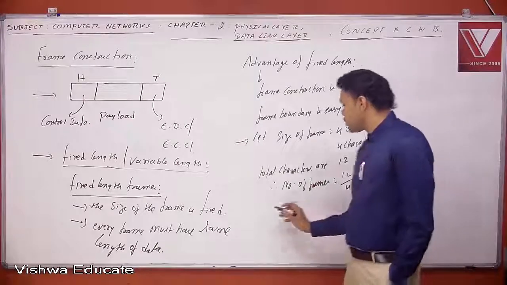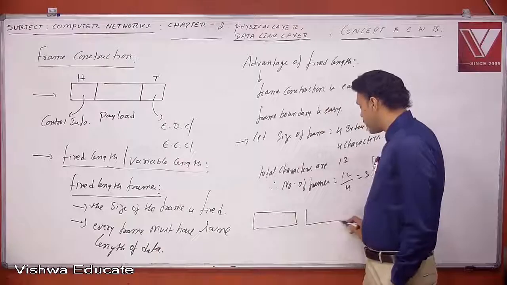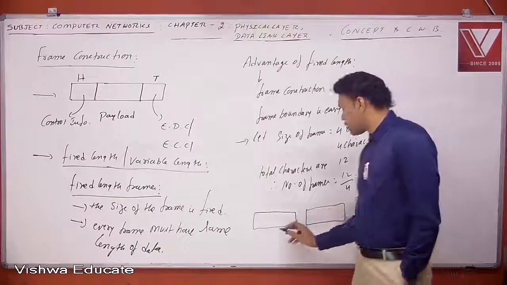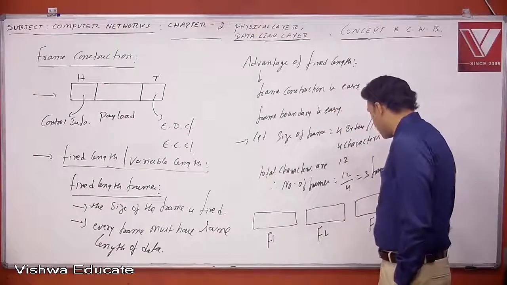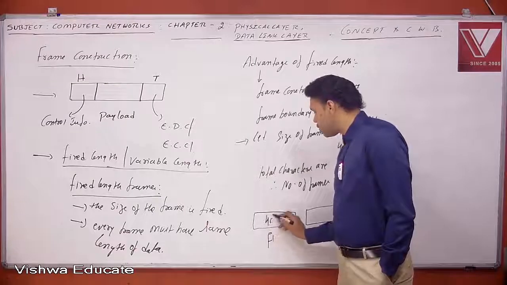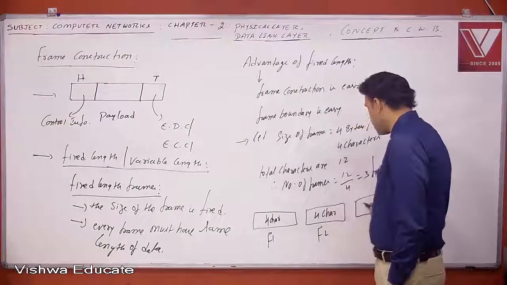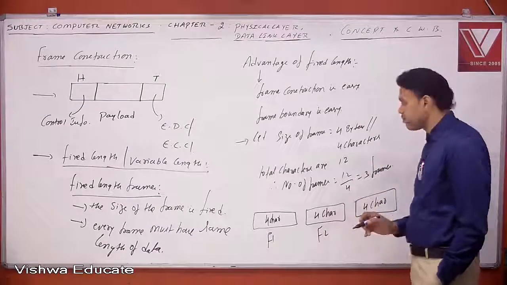So the first frame, second frame, and third frame each consist of how many characters? 4 characters, because the length of the frame is fixed.